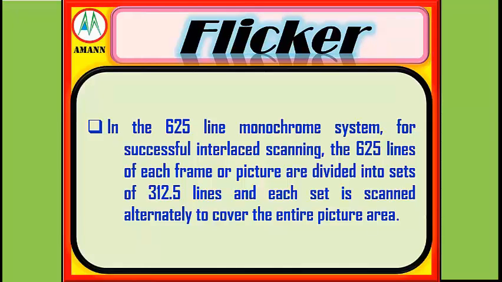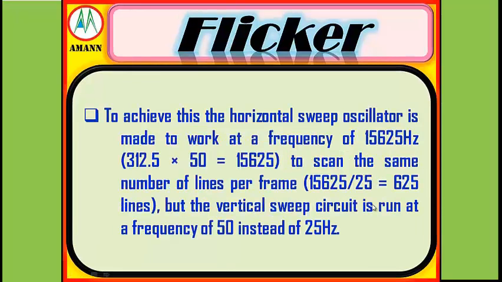To achieve this, the horizontal sweep oscillator is made to work at a frequency of 15,625 Hz, that is 312.5 times 50, equal to 15,625 Hz. 50 is the vertical scan per second that is utilized to reduce flicker.